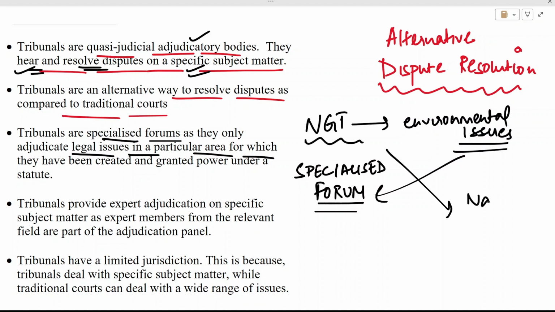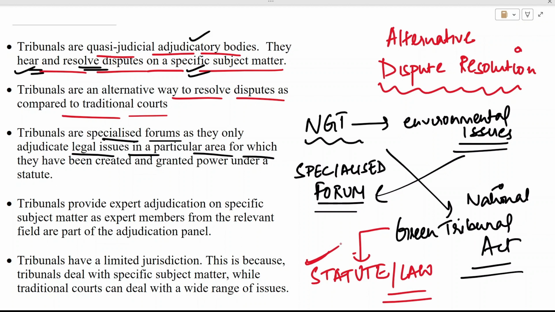So, we have something known as the National Green Tribunal Act. This is the statute or law under which the National Green Tribunal has been created, and from where the National Green Tribunal gets the power to act as a specialized forum and resolve disputes related to environmental matters.